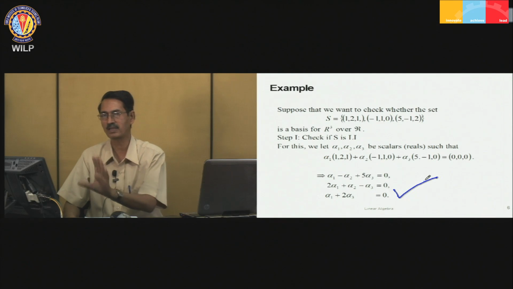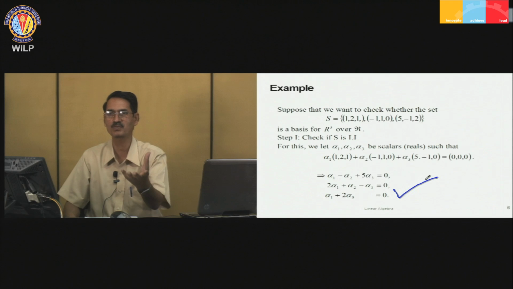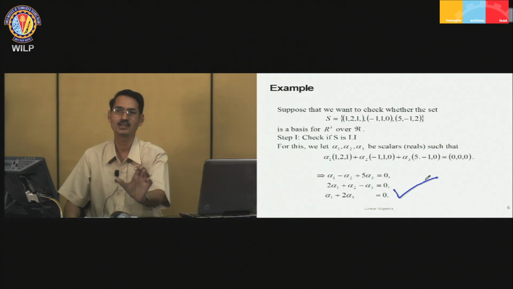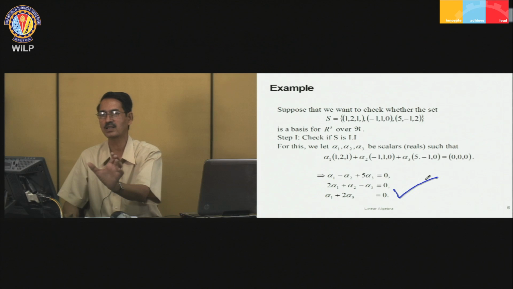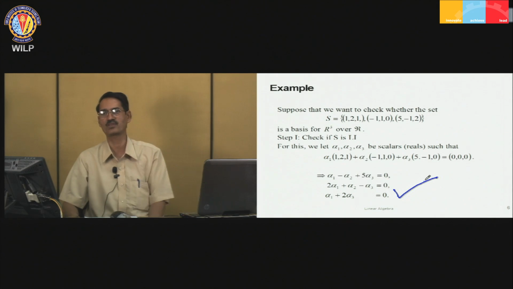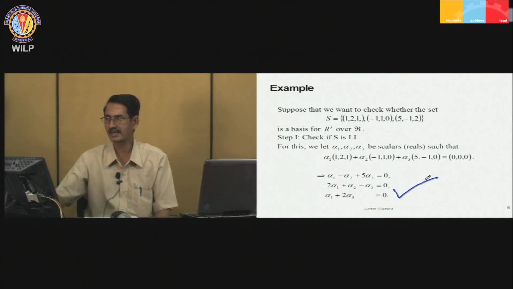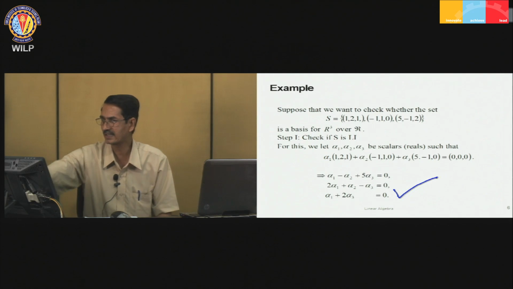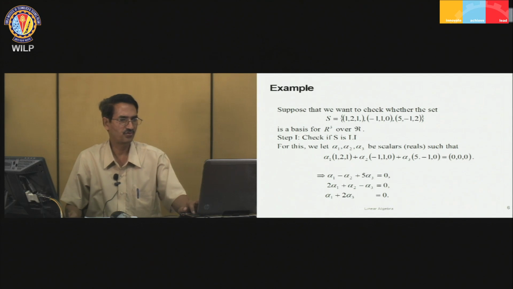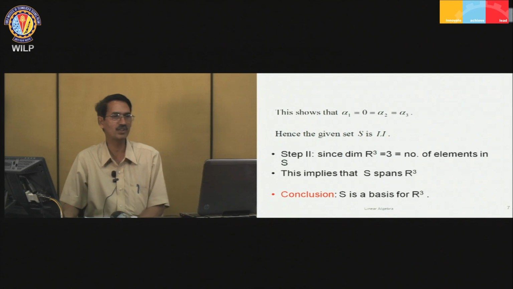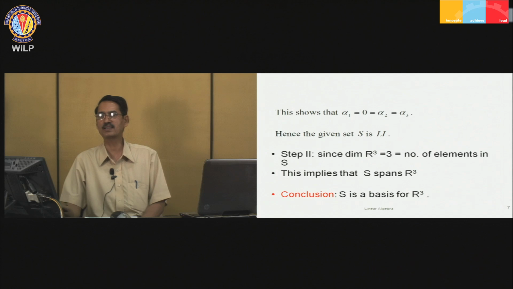What the row echelon form technique or row reduced echelon form technique is, I have discussed in the first 2 lectures, and here you see what the solution of this homogeneous system of equations is. You will find that you will not get any other solution except the 0 solution. So solving this one, you will get that alpha 1 is 0, alpha 2 is 0 and alpha 3 is 0.